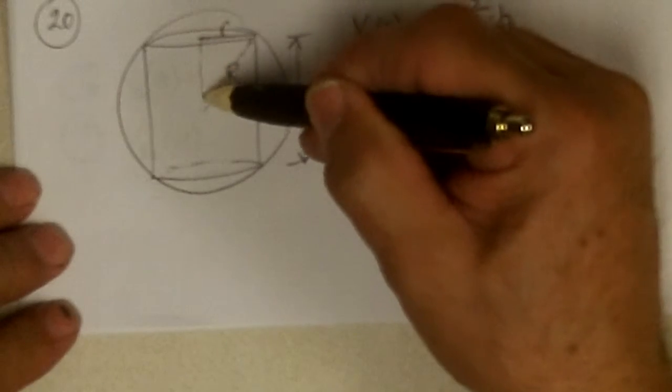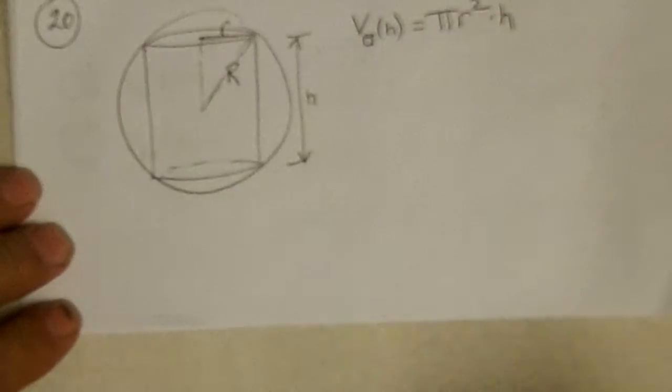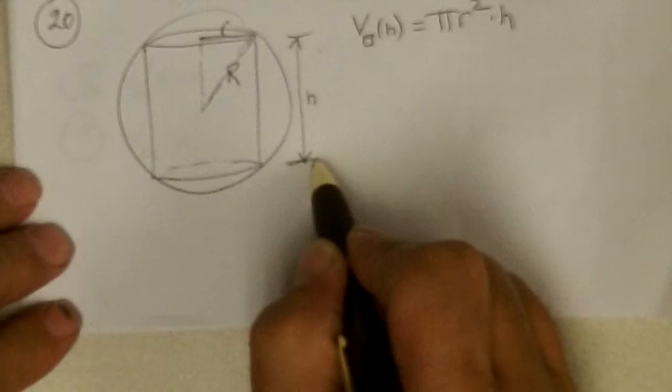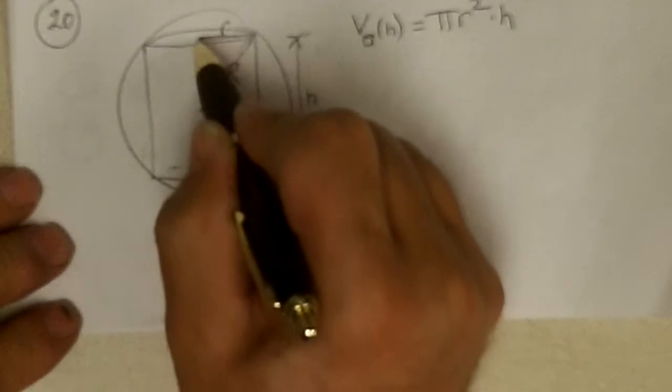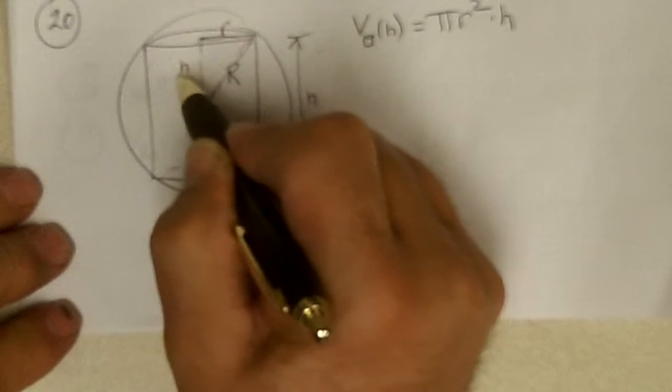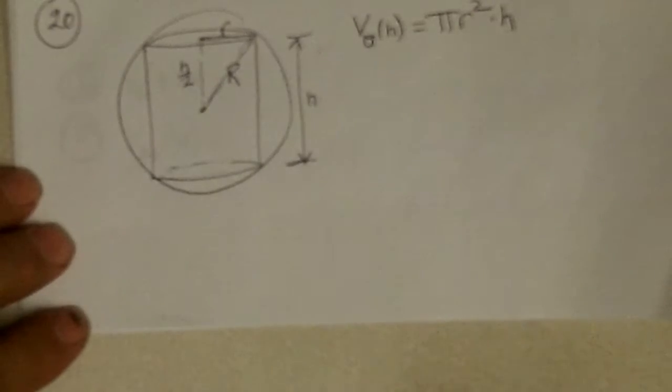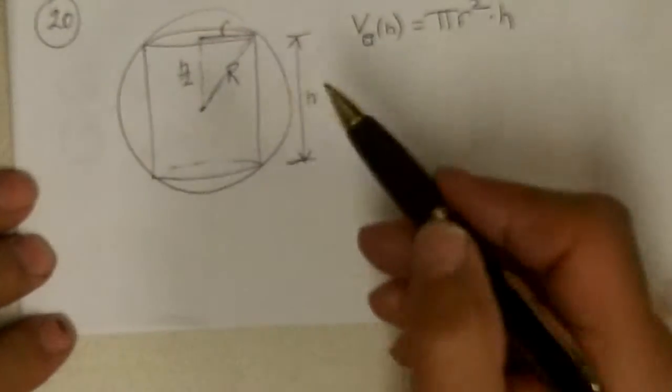And if you look here, we see a triangle where if this is h, from the center of the circle to here is h cut in half, half of h. I could write 1/2 h or 0.5 h or h divided by 2. And Pythagoras says there's something true about this.